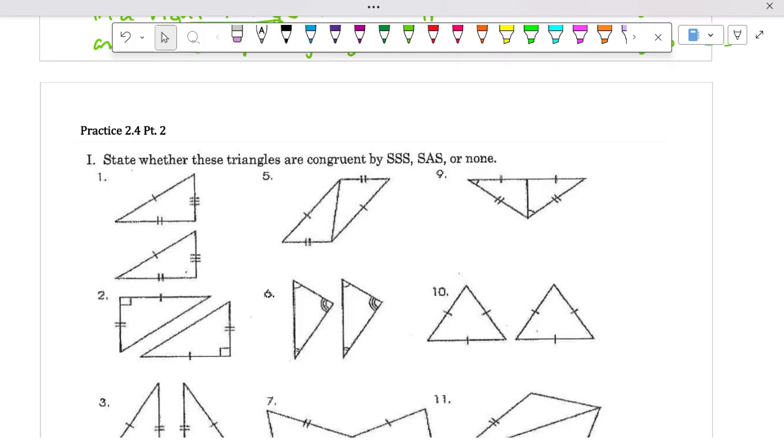If you have 1, it's SSS. 2, SAS. 3, ASA. 4, AAS. And 5 is HL. All right. So again, 0 means you don't have enough info to show they're congruent. 1 is SSS, 2 is SAS, 3 ASA, 4 AAS, 5 HL.